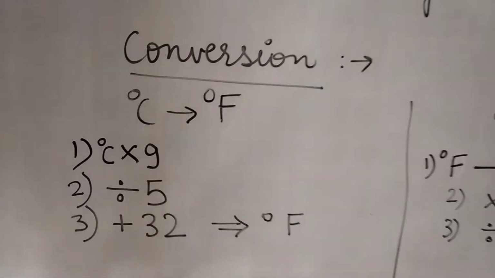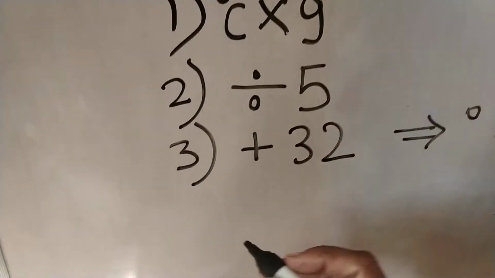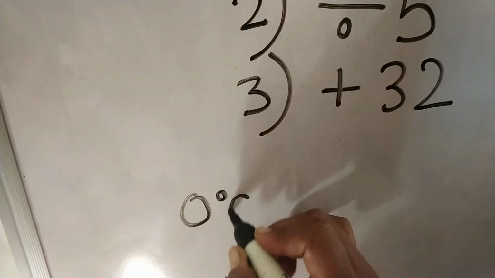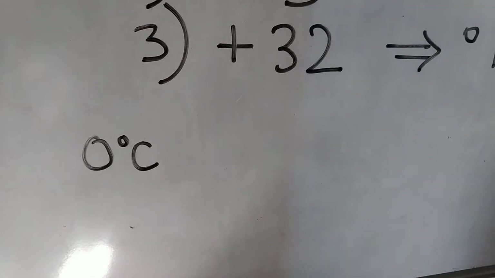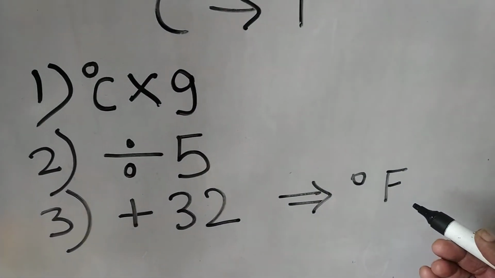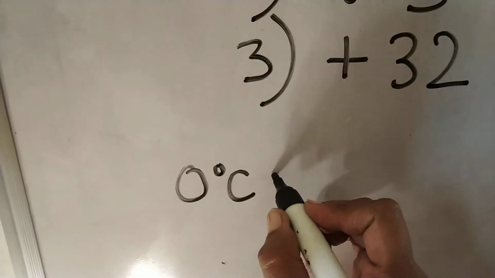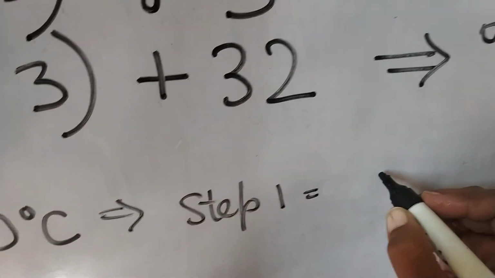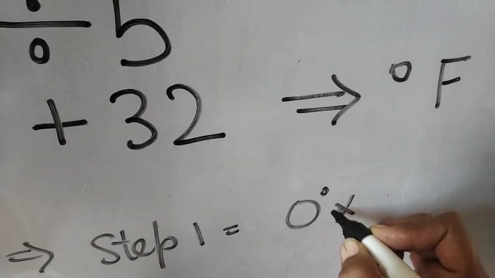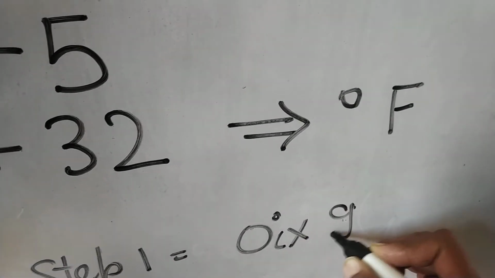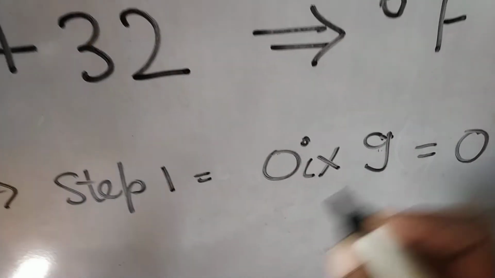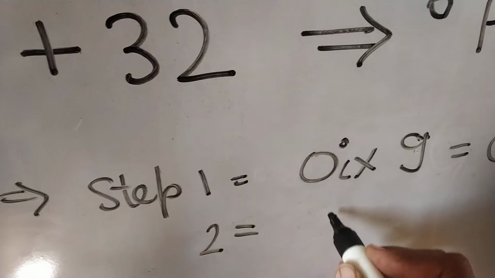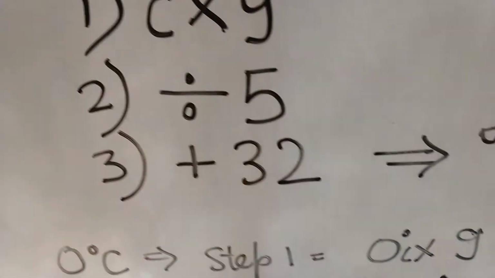So let's convert one question. We will take 0 degree centigrade and convert it into degree Fahrenheit. Here I will follow the steps. Step 1, multiply by 9. So 0 degrees Celsius multiplied by 9, I get 0. In step 2, 0 divided by 5.